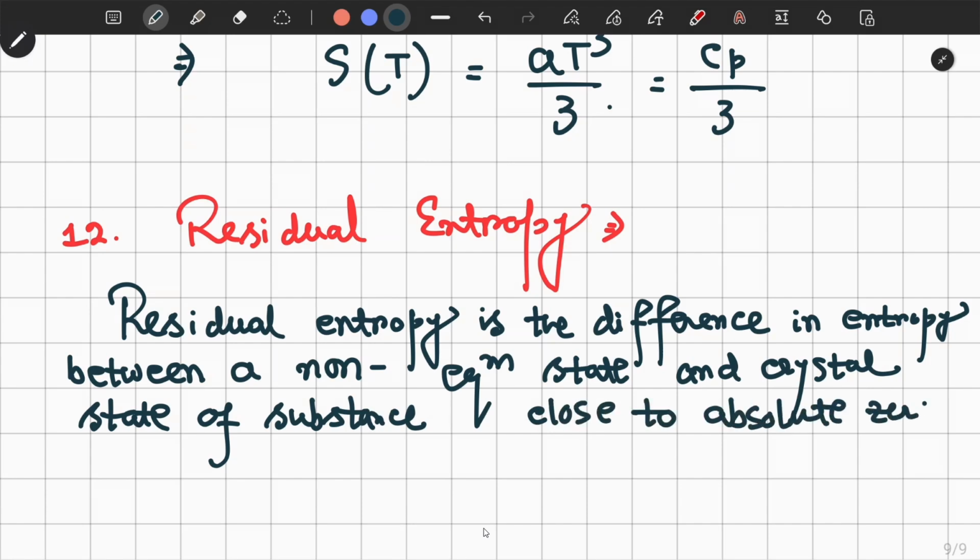That's interesting. There are certain solids like H2, D2, CO, NO that do not have a perfect crystalline structure at 0 Kelvin. So they have a certain amount of entropy at absolute zero, and that is the residual entropy.